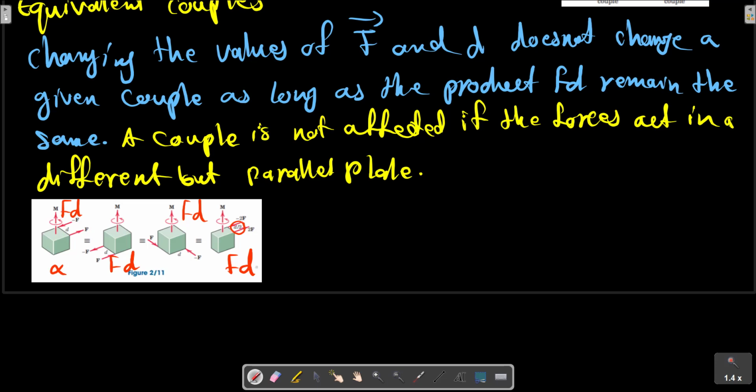In each of the four cases, the couples are equivalent and are described by the same free vector, which represents the identical tendencies to rotate the body. The next section is about force couple systems.